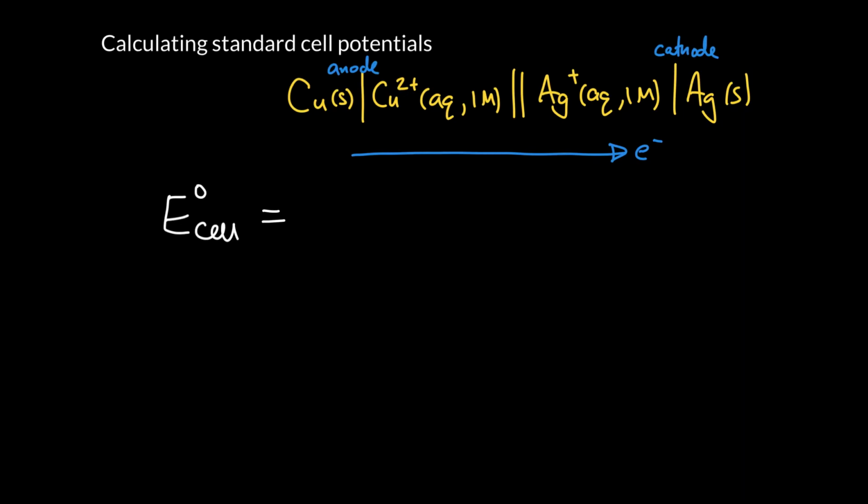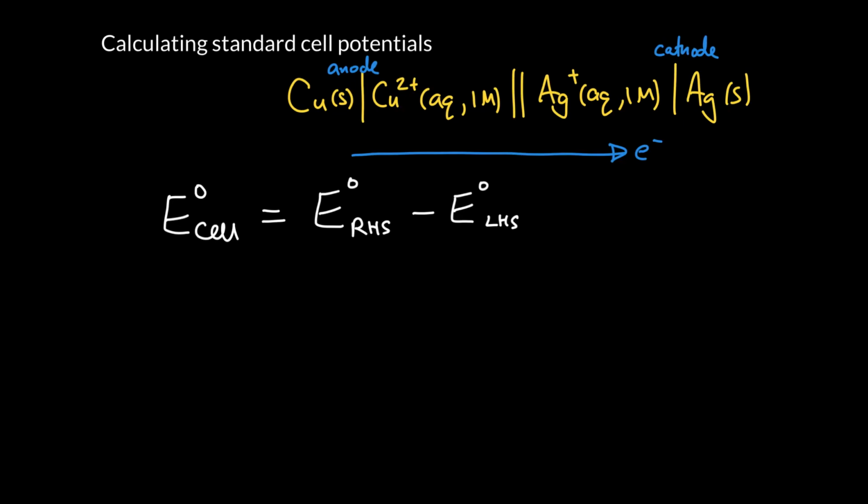Just like electronegativity differences, we're going to say that the cell's voltage, the amount of energy the electron has when it moves from one side to the other, is going to be equal to something on the right-hand side minus something on the left-hand side. So we're going to design this equation so that this represents the pull of electrons.